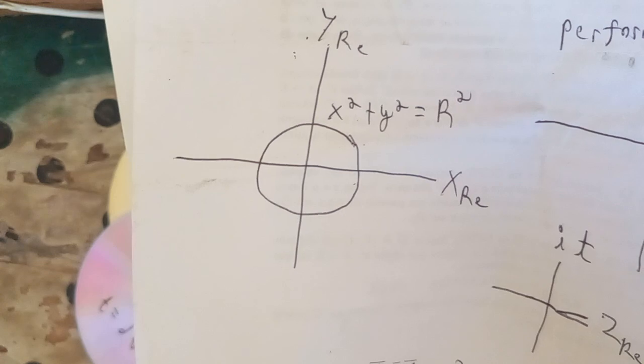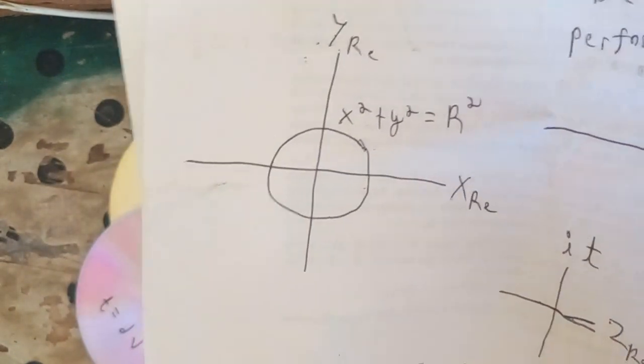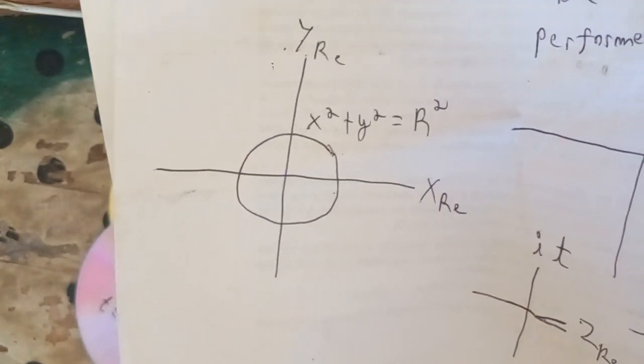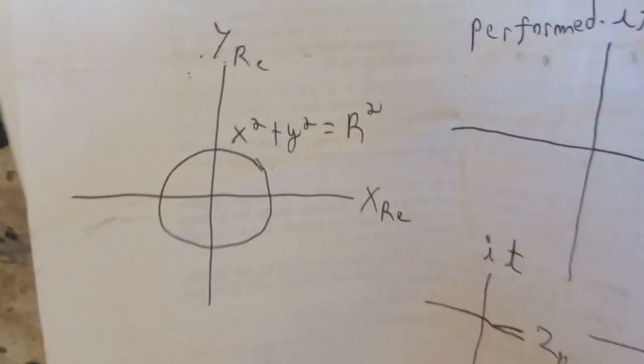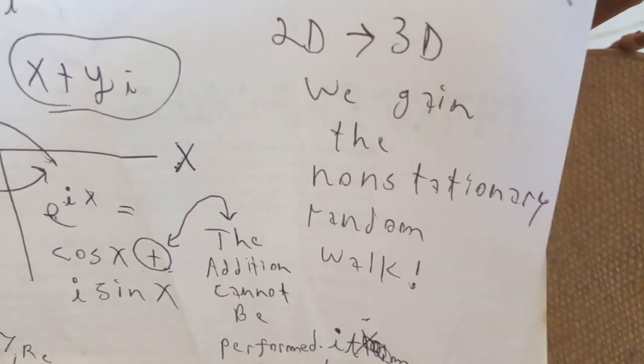So we can verify, by computational intuition, that 2 dimensions gives us time, 1 dimension does not. But what do we gain from going from 2 dimensions to 3 dimensions?